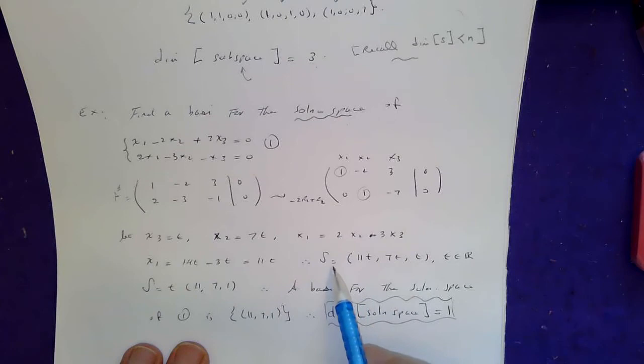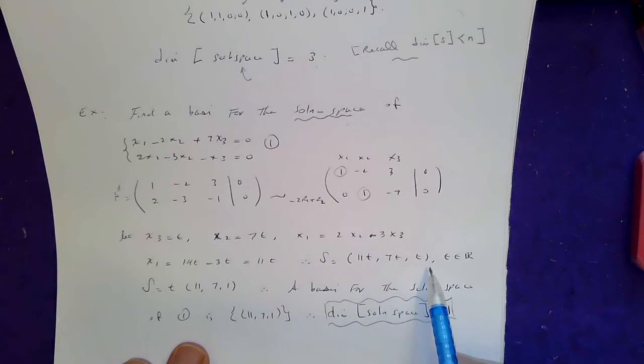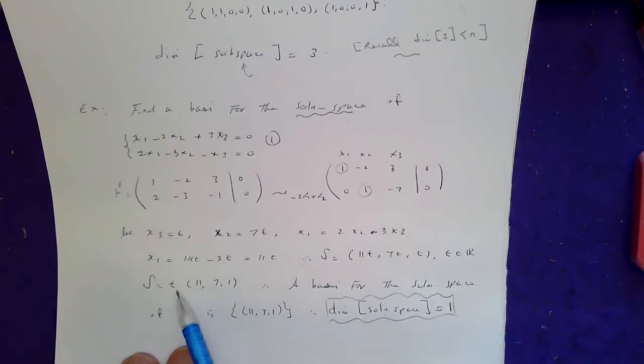So lo and behold, the solution for that system of equations, you have infinitely many of them. It's in the form of 11t, 7t, and t. However, if you factor out the t, this is the only linearly independent vector in the solution space, because everything else is just a multiple of this.